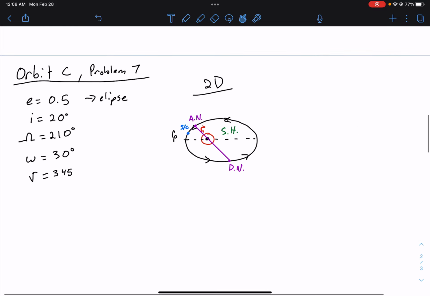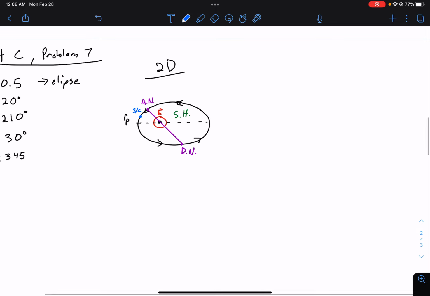All right. I've got spacecraft done, ascending node, descending node, angular momentum, which I can go ahead and move. I've got my periapsis labeled and my direction of my spacecraft and my southern hemisphere. So let's go ahead and do my 3D plot.